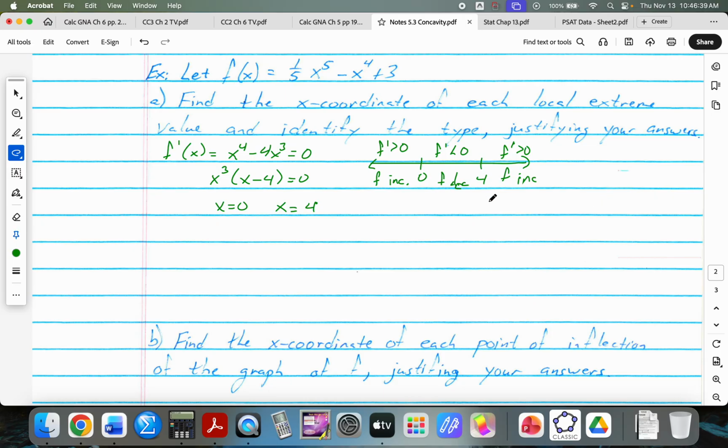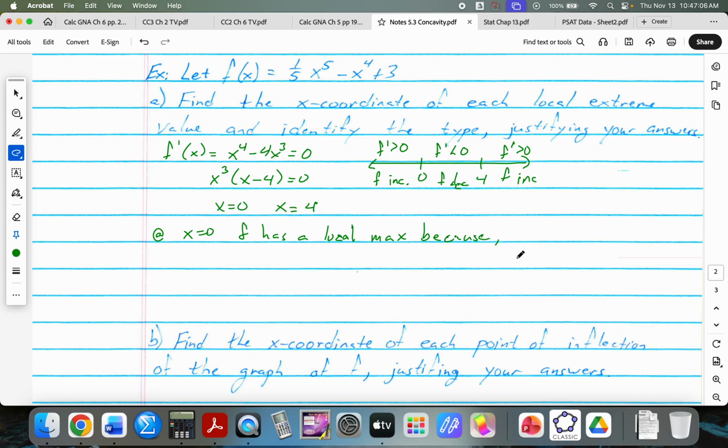So our local extremes are, first of all, at x equals 0, f has a local max. Because, how do we know that?